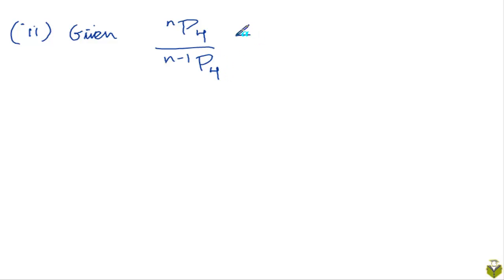For the second part, similarly, given that nP4 divided by (n minus 1)P4 is equal to 5 by 3, where n is greater than 4 as before.